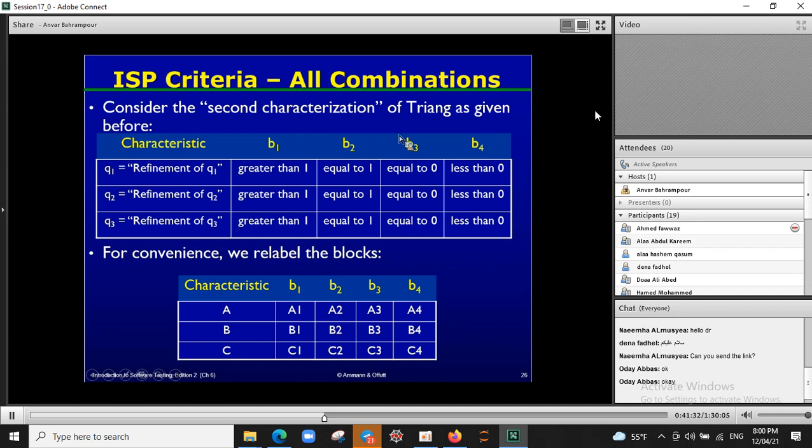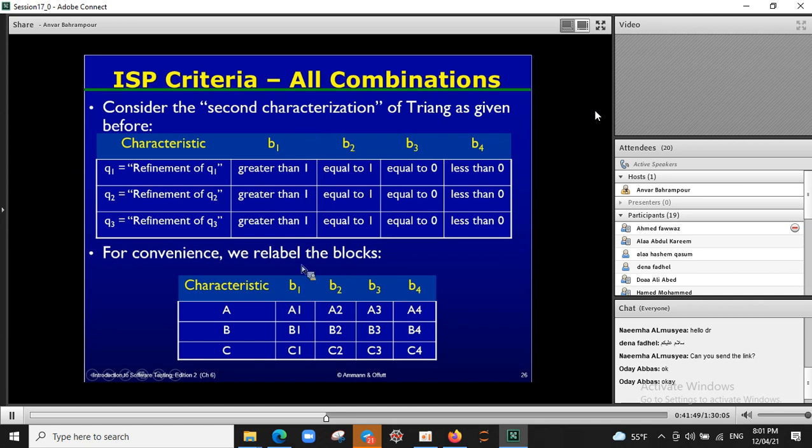And you know, we have no triangle in nature with a side of length less than or equal to 0.